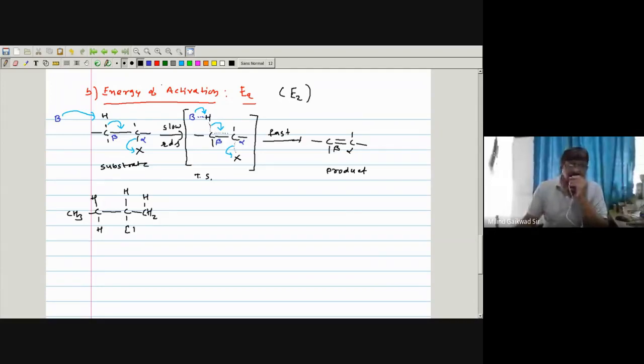So what happened in this case, in the above, the bond between the C alpha and beta, and this is your beta dash, right? So this sigma bond will open, this will shift here, or this may shift here, and there is a formation of the corresponding transition state, and I write the direct product, that is CH3, C, here is a H, here is a double bond C, here is a H, and here is a CH3.